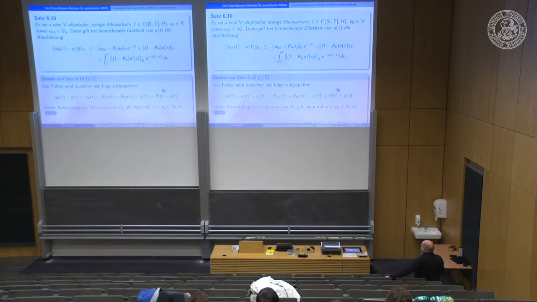This is called theta. And then we have an additional term, which is just the error of the Ritz projection, which appears here. So if we are able to deal with the first term, and dealing with the first term leads to the first and the third term in the estimate, the overall result is just obtained by this identity via the triangle inequality in L2.